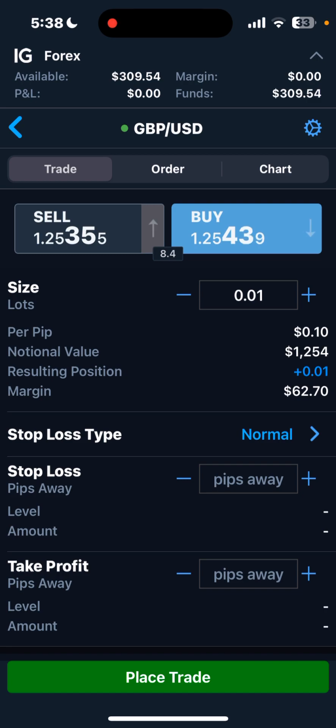Now, I had said that you could do this for very little money, and you don't need $1,254 to enter this trade. You can see below that it says margin of $62.70. So if you had an account that had $100 in it, they would simply put $62.70 aside while you were in this position.